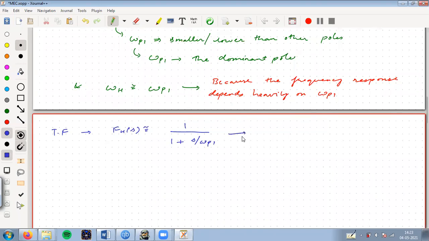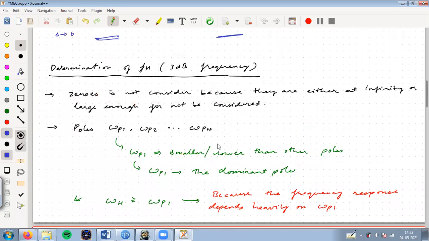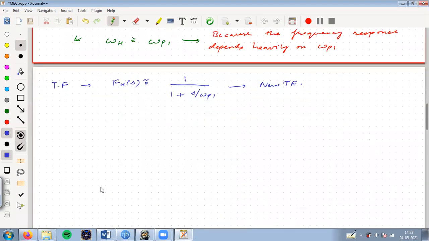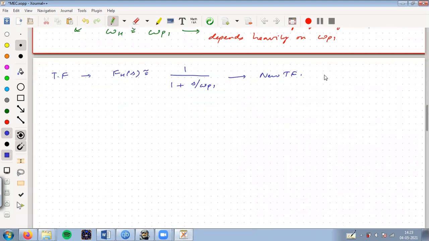This becomes my new transfer function. I've got it from this. And if you look at this, you can straight away tell that this is actually a low pass filter.